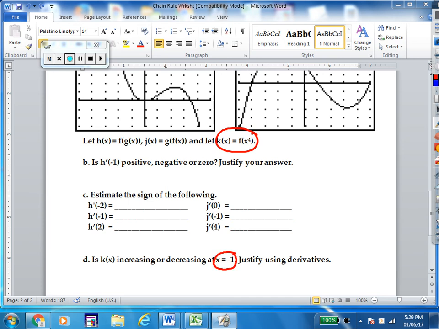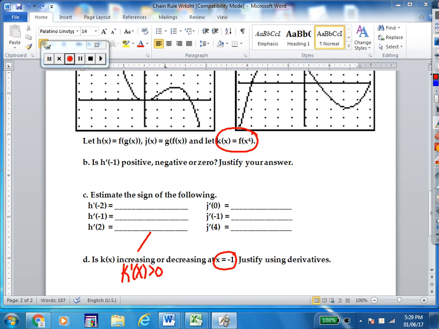We haven't quite touched on this topic very deeply, but I have said before, for a function to be increasing, it must be going up, which means it has to have a positive slope, which would mean that k prime would have to be positive there.